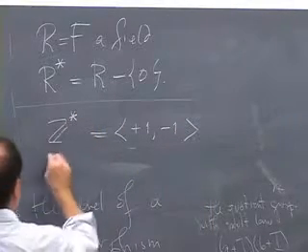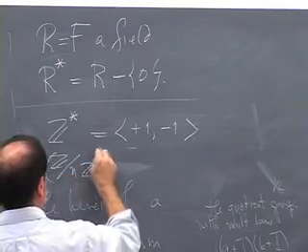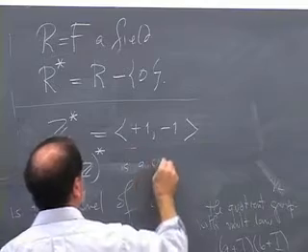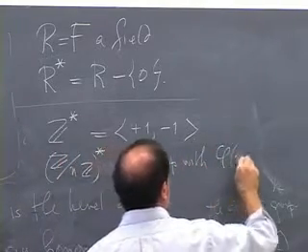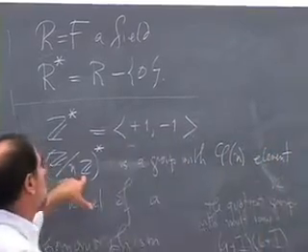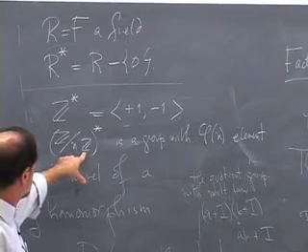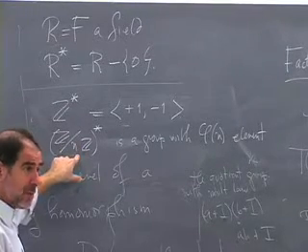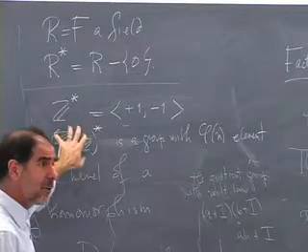If you take Z mod NZ star, it is a group with phi of n elements, the Euler number of the number of things between 1 and n that are relatively prime to n, because invertible in this ring means relatively prime to n. And this is a very interesting group whose structure was first determined by Gauss.